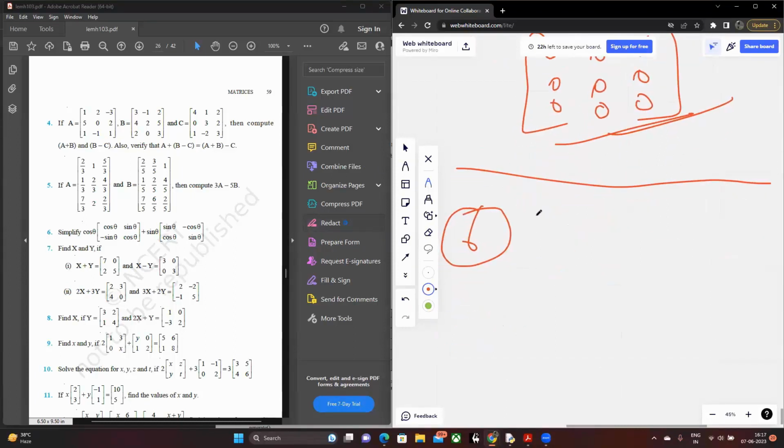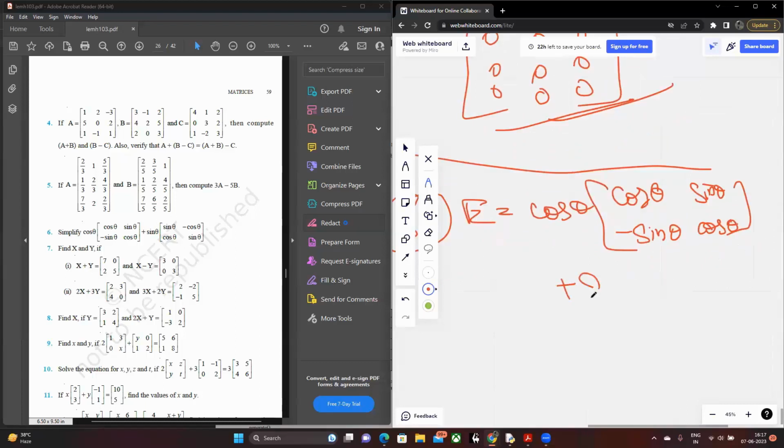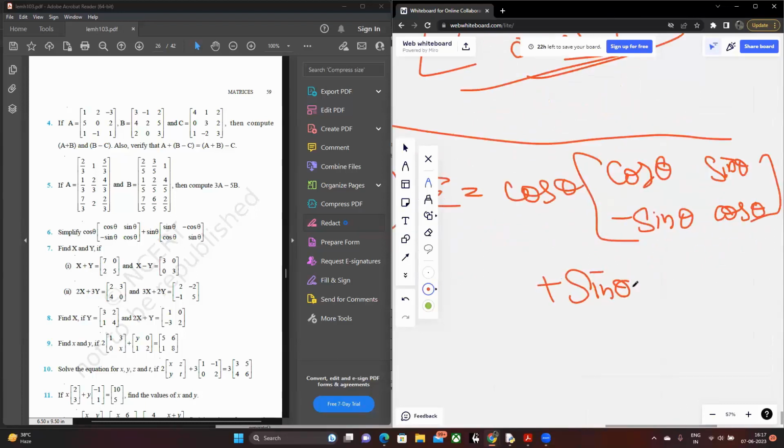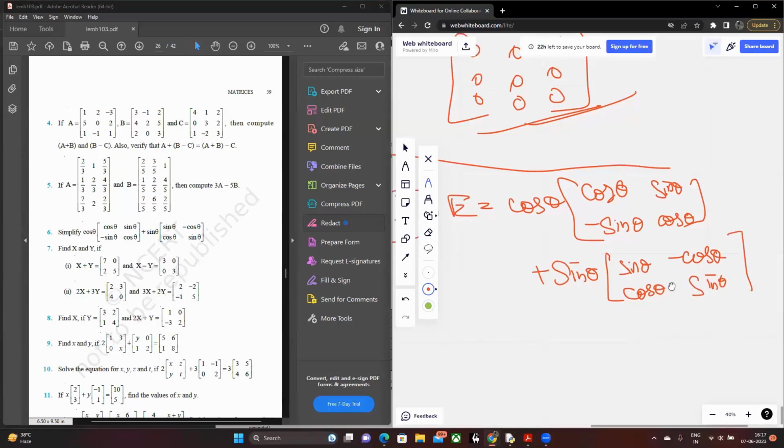So basically, here let the expression E equal cos theta into cos theta, sin theta, minus sin theta and cos theta, plus sin theta into, this is going to be sin theta, minus cos theta and sin theta, right?